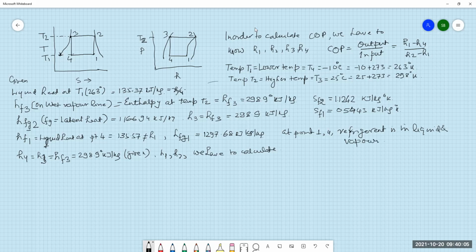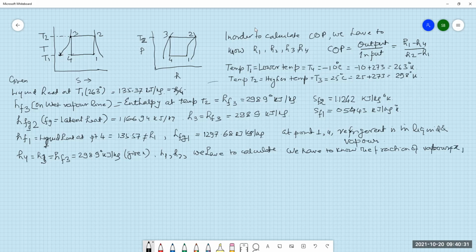Part is in the liquid state and part in the vapor state. So we have to know the fraction of vapor, say x1.